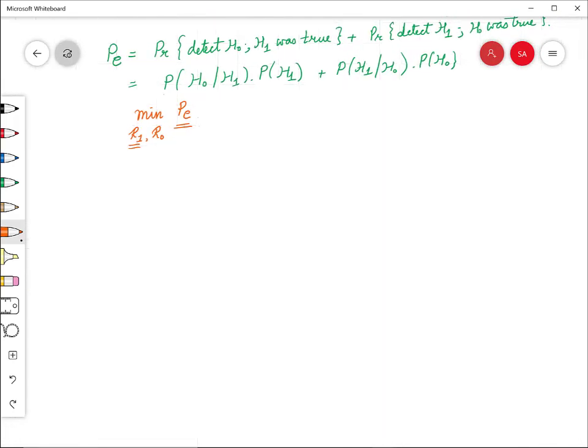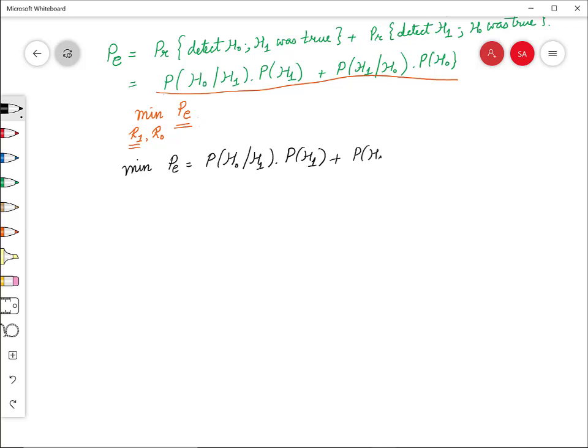Let me take this particular expression again and apply our optimization theory concepts to it. So minimize PE, which is equal to the probability of H0 given H1 times probability of H1 plus probability of H1 given H0 times probability of H0. Now what is the probability of H0 given H1?